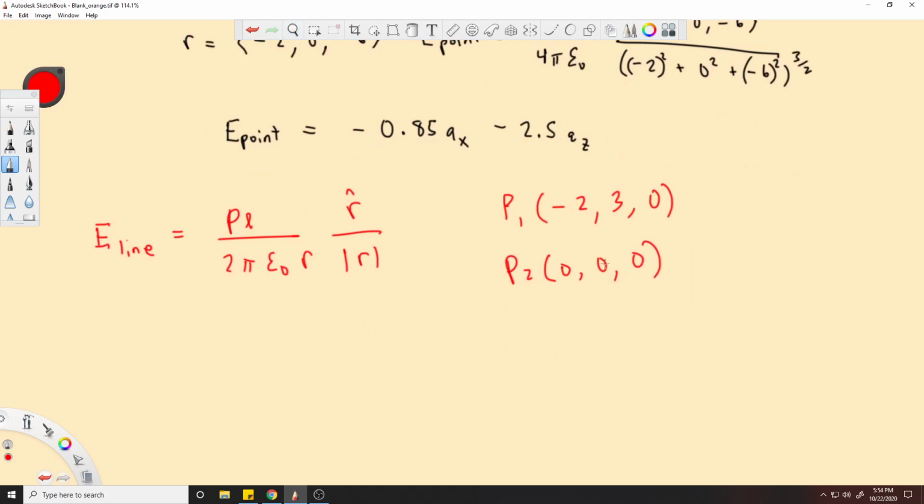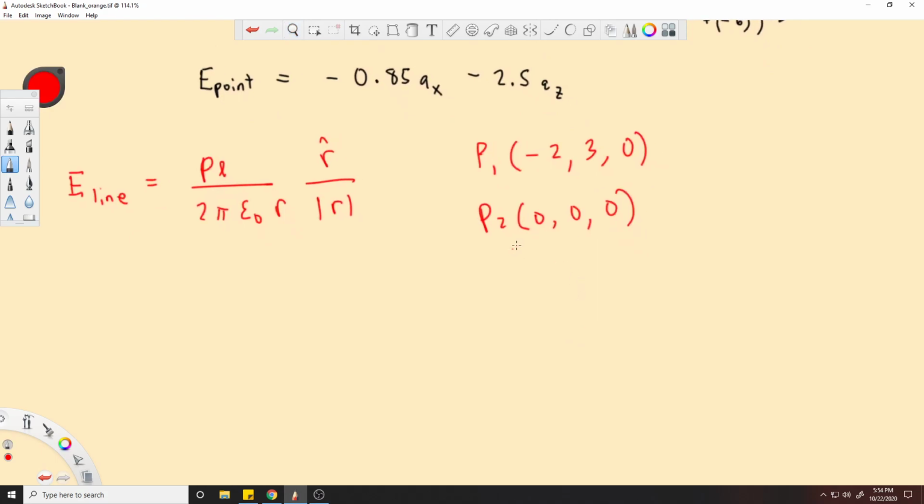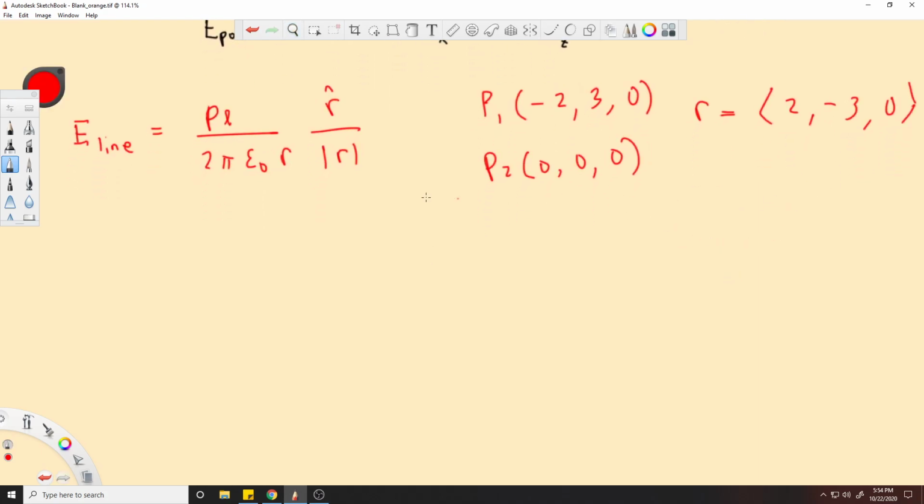Then 0, 0, 0. You do the math here. That would be r equals 0 minus negative 2, 2, right? 0 minus 3, negative 3. And 0 minus 0, 0. And then you would bring that over here.